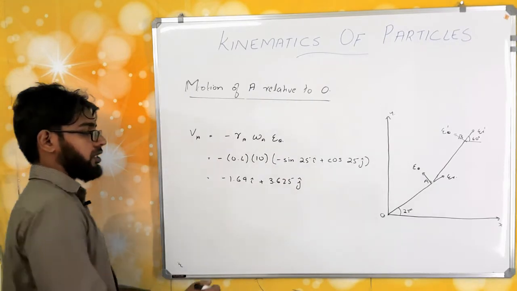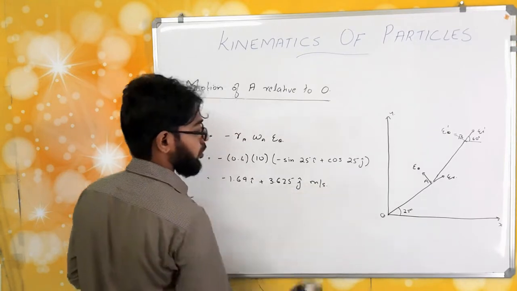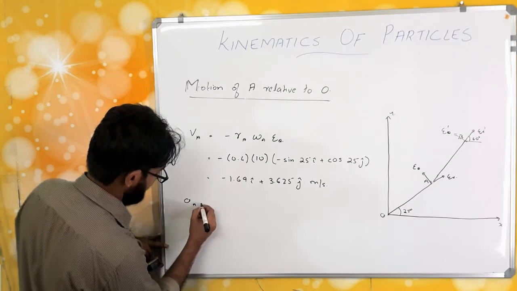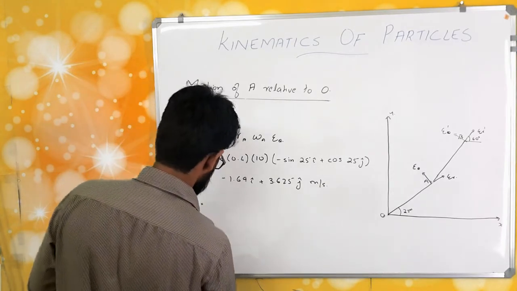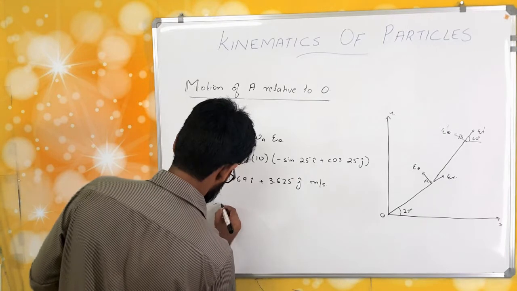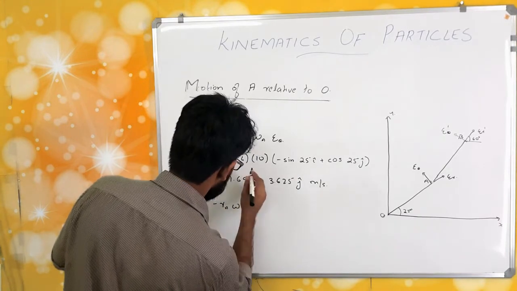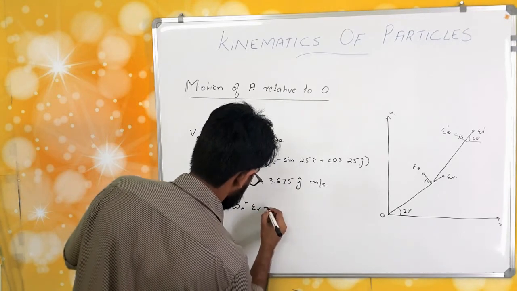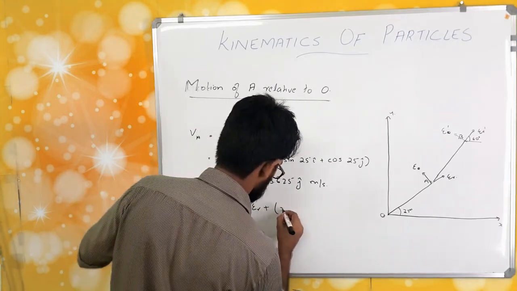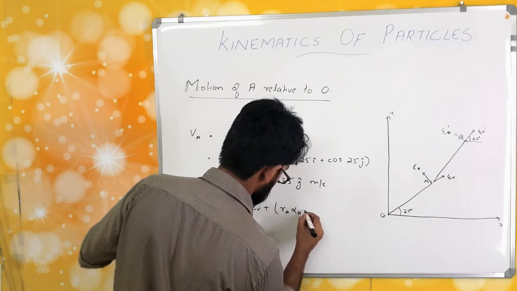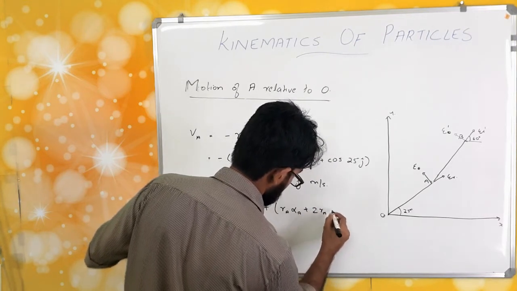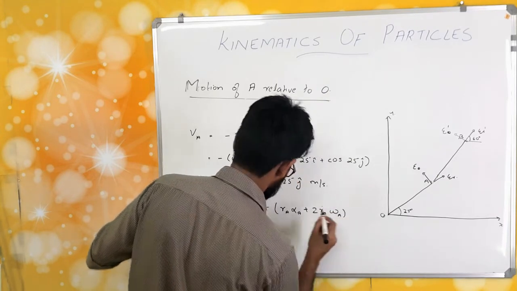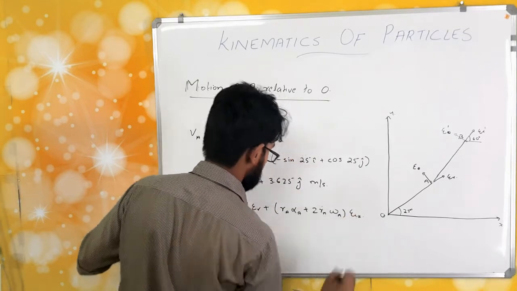Similarly, I can find out the corresponding acceleration. Now, acceleration of A will be equal to minus RA omega A whole square epsilon r plus RA alpha A plus 2 RA dot omega A epsilon theta.